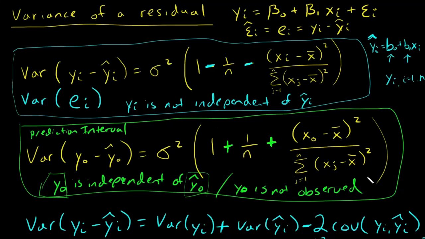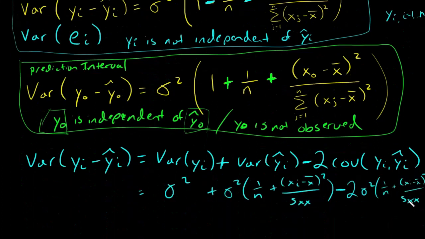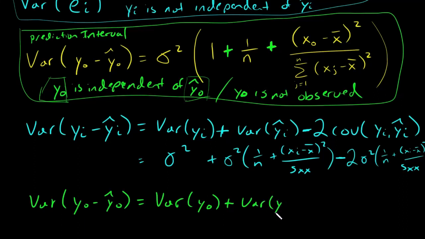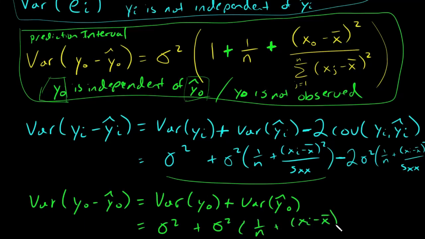Because of that, when I go to find the variance of y naught minus y naught hat, I don't need that covariance hanging out in the back. And so I end up with just this piece right here. Then you can do a little bit of algebra, pull out a sigma, and what you get is what I've written here.